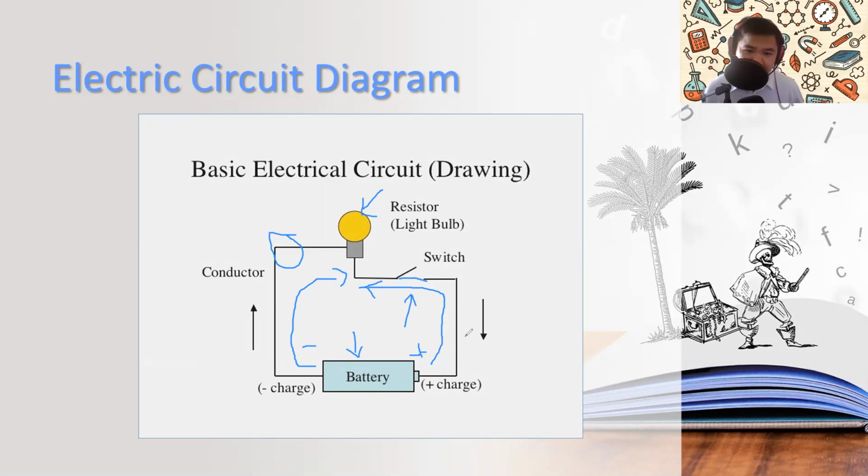The positive and the negative meet here in the light bulb, and we can use the light bulb. That is an electric circuit. Okay, let me just undo all of this so we can continue with the next part.